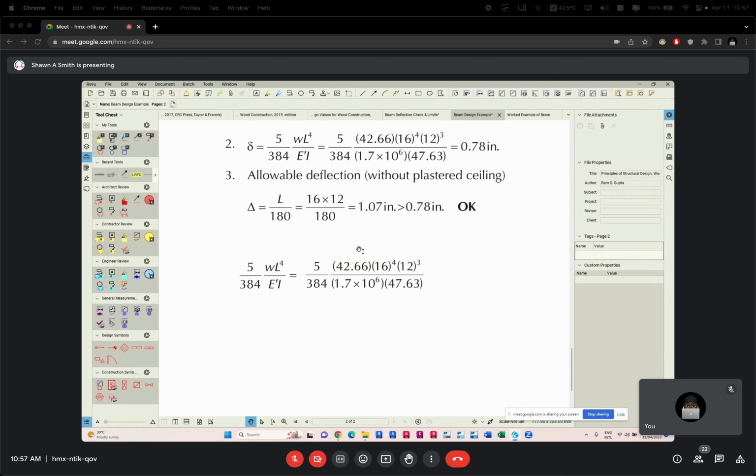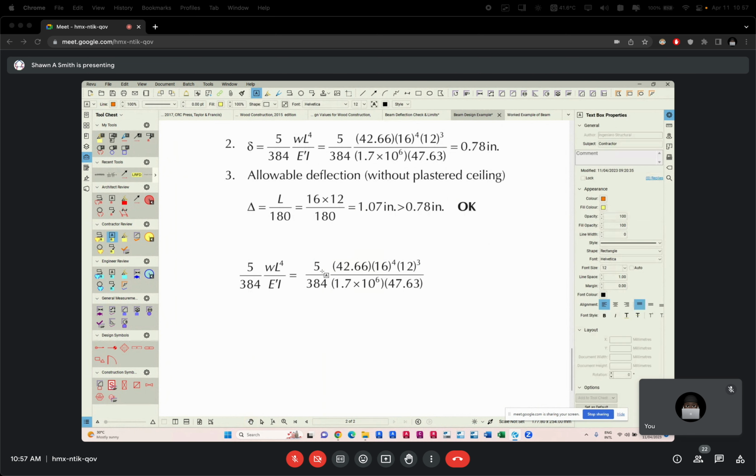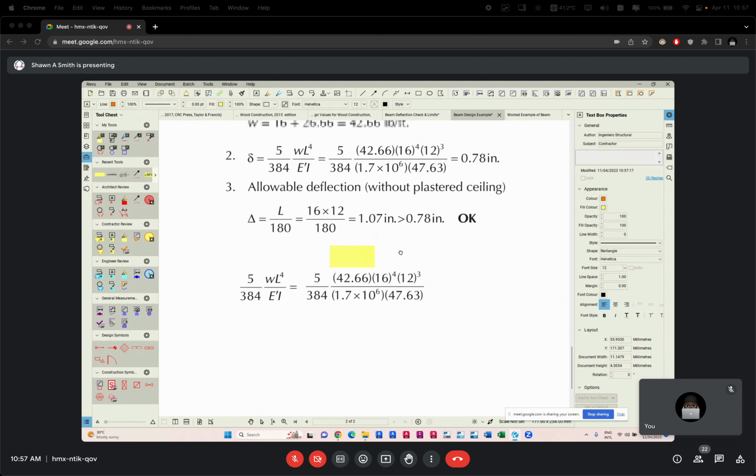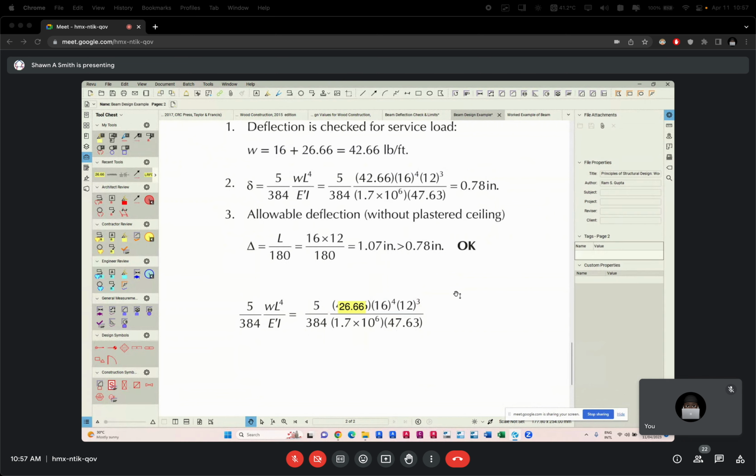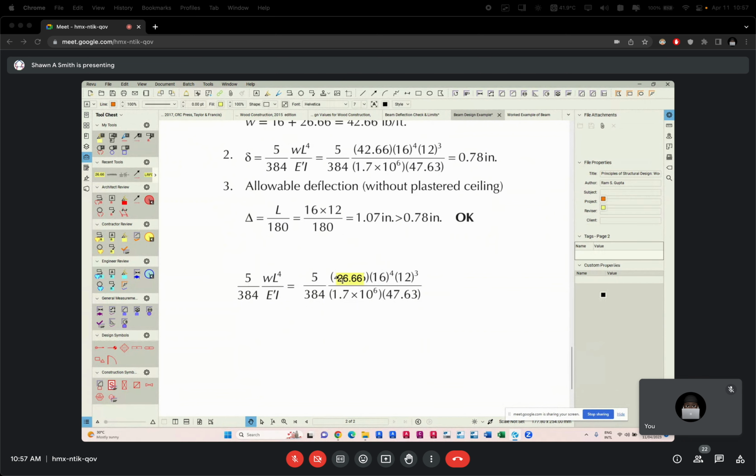Okay, fine. So already we need to change this 42.66 to 26.66. So this comes right here. That's the only thing that changes.